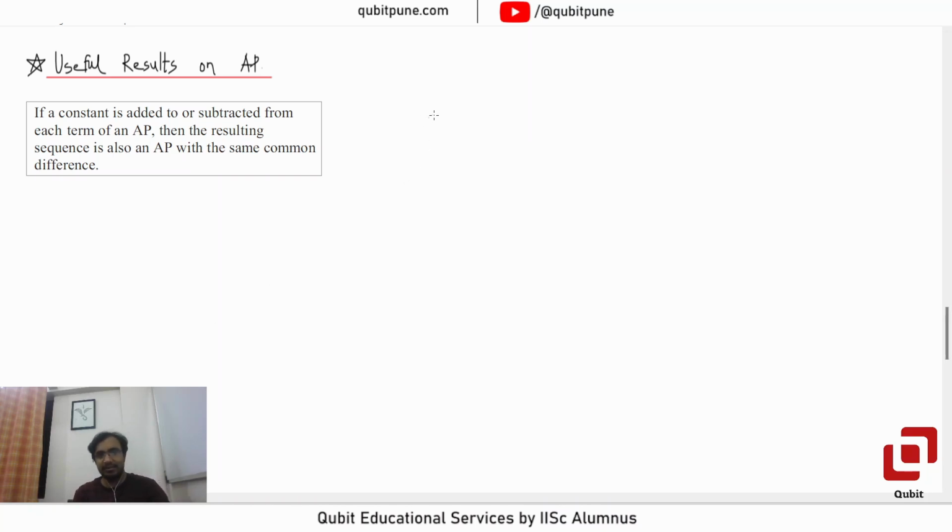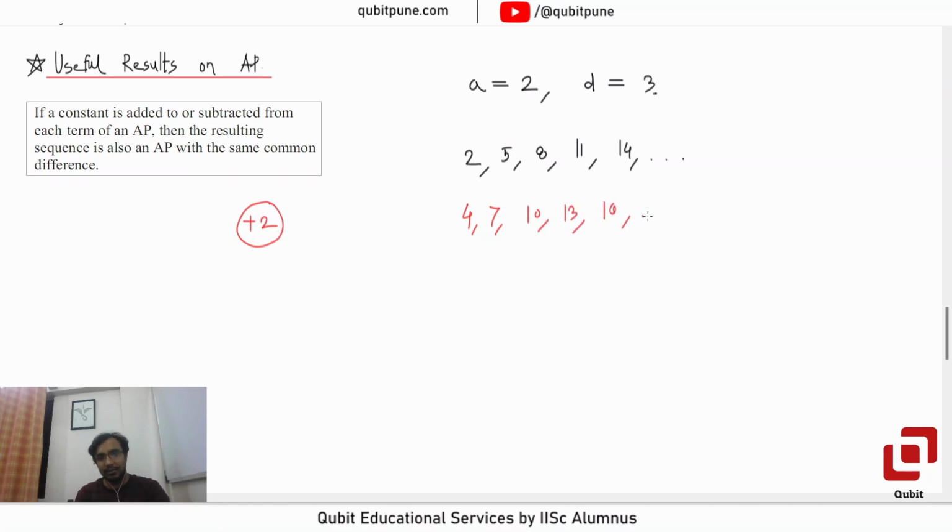Let's verify this. Suppose I take an AP with first term 2 and common difference 3. So what will be my terms? 2, 5, then 8, then 11, 14 and so on. Suppose I choose to add 2 to every term. So I'll get 4, 7, 10, 13, 16 and so on.